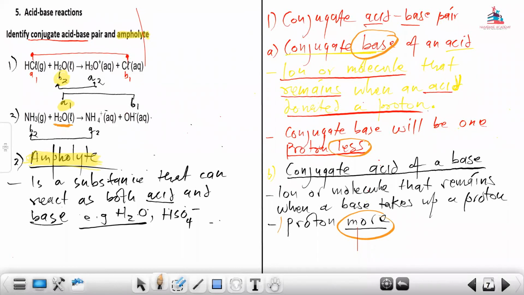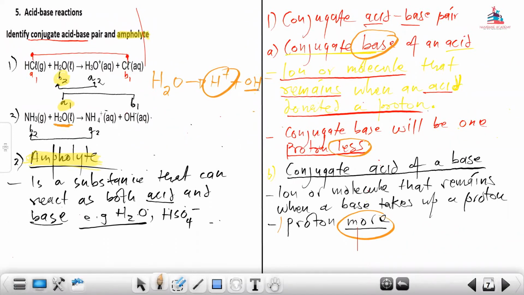So let me write here H2O. If I am going to donate an H plus, what am I left with? OH minus. So if I am donating the H plus, I am going to remain with a base.